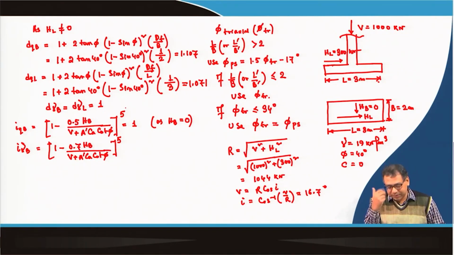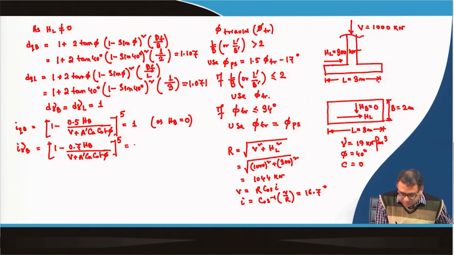As I discussed in the previous class, some researchers have suggested to use a lower value. But only if it is mentioned in the question, with the range given, will I use that. Otherwise, I will go with the original one, which is 5. So, this is equal to 1 as HB is equal to 0.